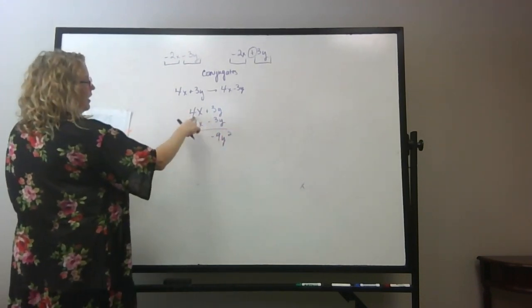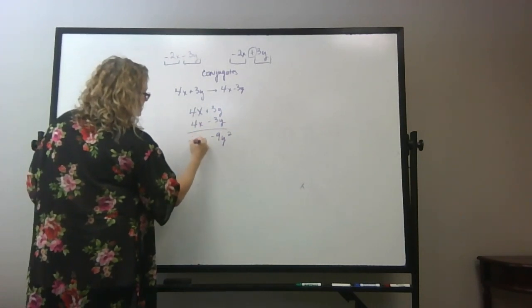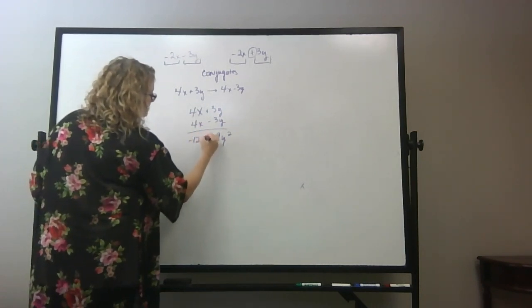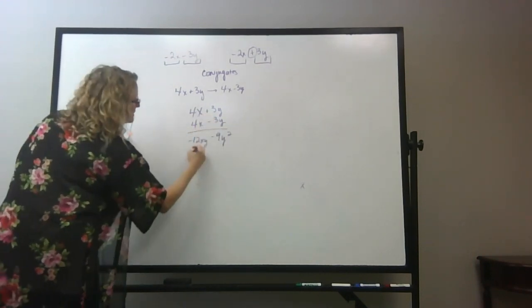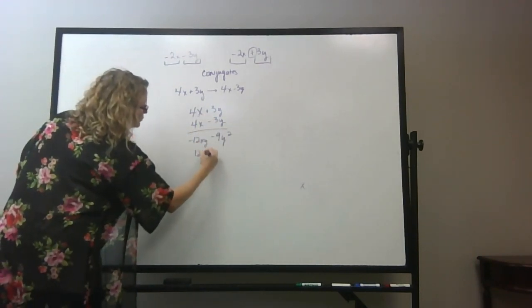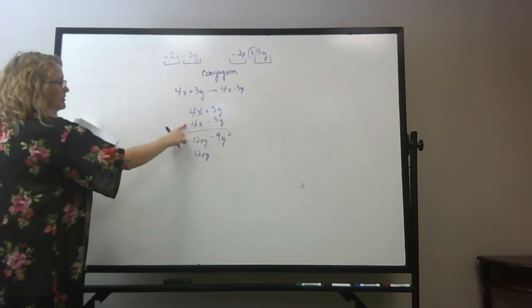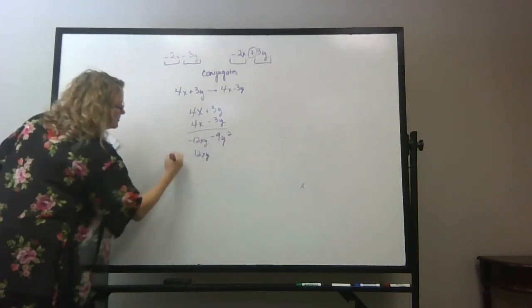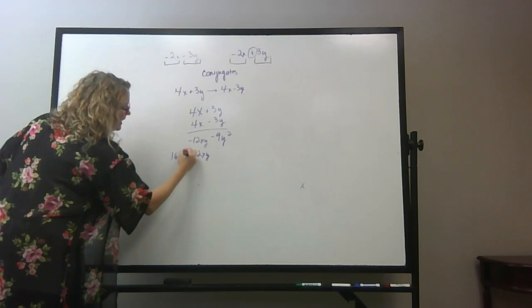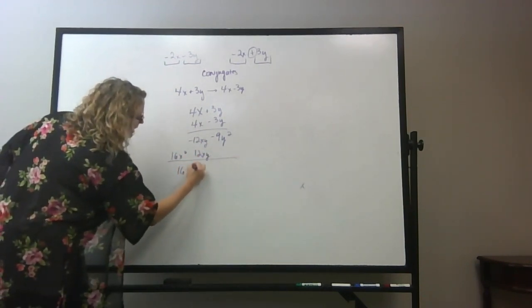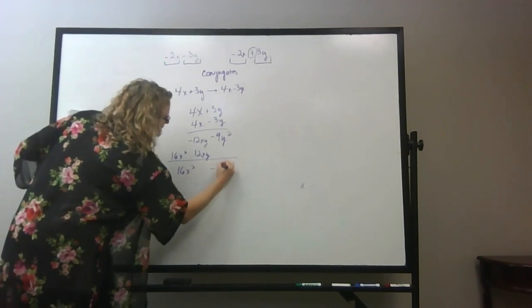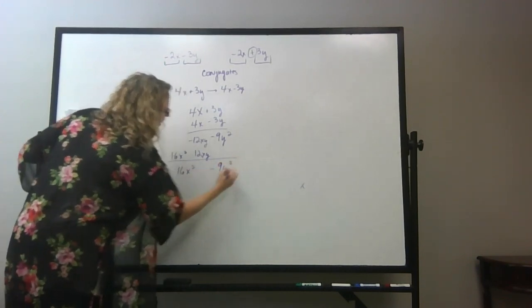The negative 3y times the 4x is going to give us negative 12xy. 4x times the 3y is going to give us positive 12xy. And then I multiply my two first terms, and I get 16x squared. When I add these together, I get 16x squared minus 9y squared.